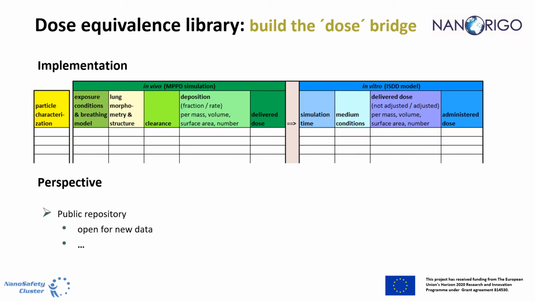The implementation was done in Excel, a table with different showcases giving examples for the dose bridging, demonstrating its high relevance. It additionally provides the potential to serve as a future data repository continuously updated with further data sets.